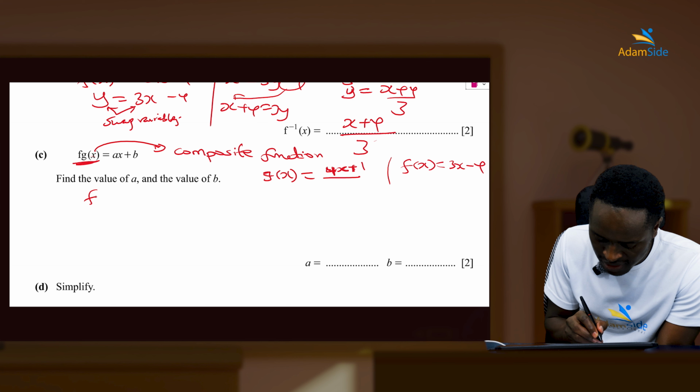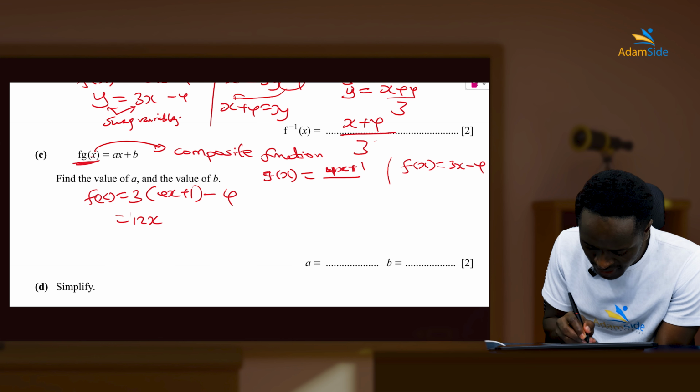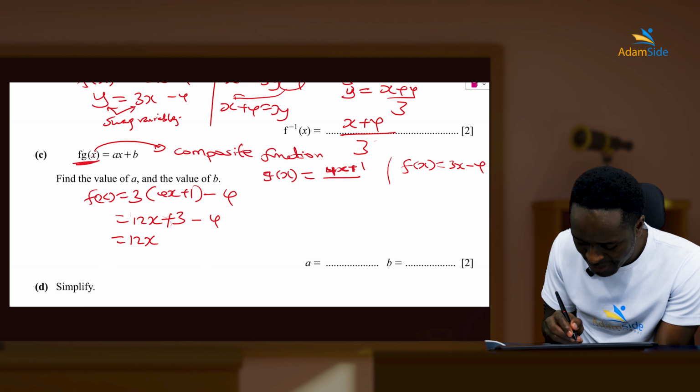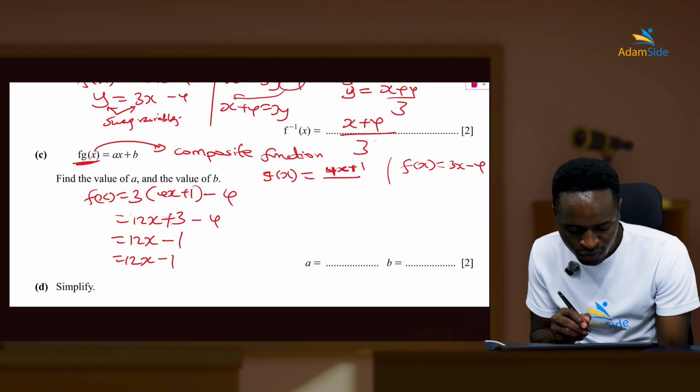Therefore, f of x is equal to 3 into 4x plus 1 minus 4. So 3 times that, you get 12x, and then 3 times 1 is 3, minus 4. What do you get? 12x plus 3 minus 4 is minus 1. 12x minus 1. This is what we have gotten.